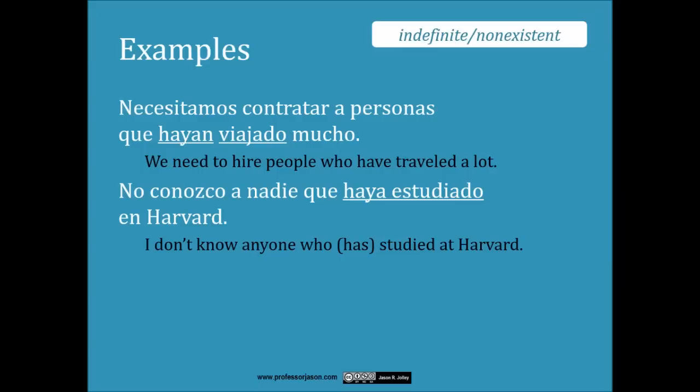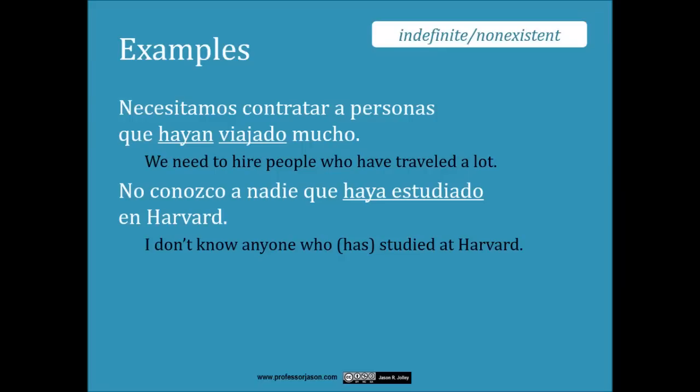Now these examples in general, when we're talking about the subjunctive, these examples with adjective clauses are a little bit harder to wrap our brains around. But the adjective clauses refer or describe antecedents, persons or things or places, as being indefinite or non-existent. So, necesitamos contratar, we need to hire, personas que hayan viajado mucho.